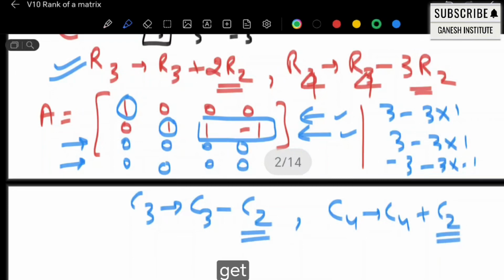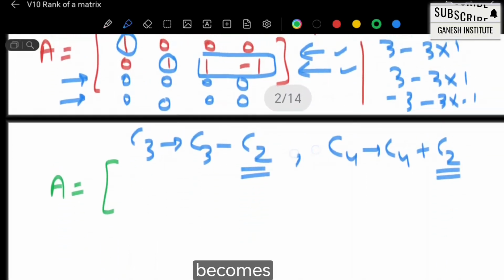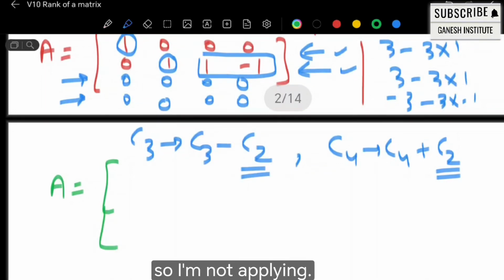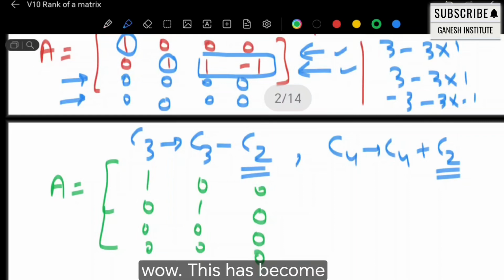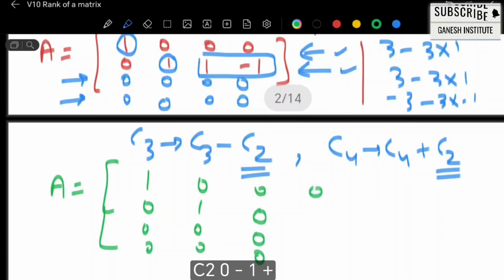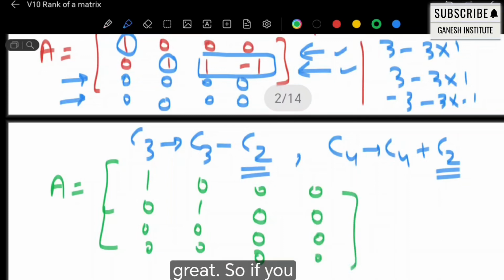So what will I get? My matrix becomes, I'm not applying anything in C1, neither in C2. C3 minus C2: 0 minus 0, 1 minus 1, 0, 0 minus 0, 0 minus 0. Wow, this has become 0. Now C4 plus C2: 0 minus 1 plus 1, 0, 0, 0. Great.